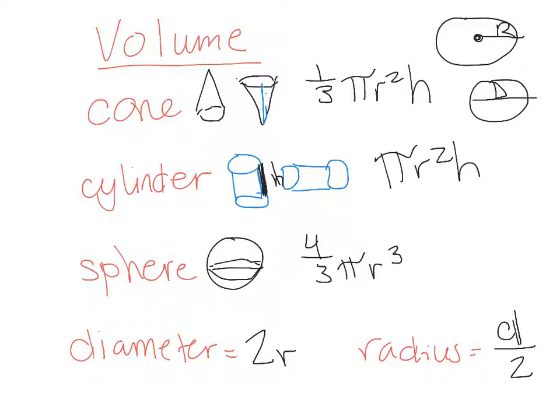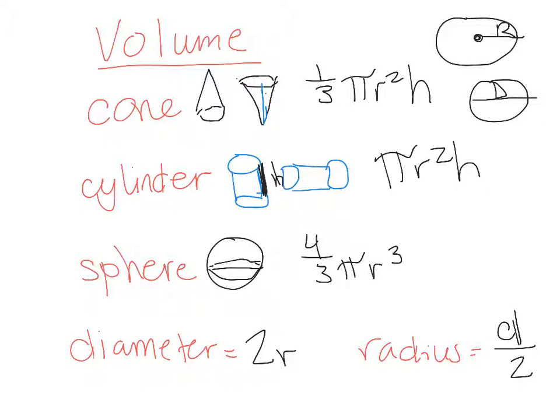The reason there is no height in the sphere is that everything is a circle, so all you have is a radius. That's why it's radius cubed, because you have 3 different dimensions for your radius. Again, you're going to use 3.14 for pi more than likely. You need to remember your order of operations when working with this, even though it's all multiplication.